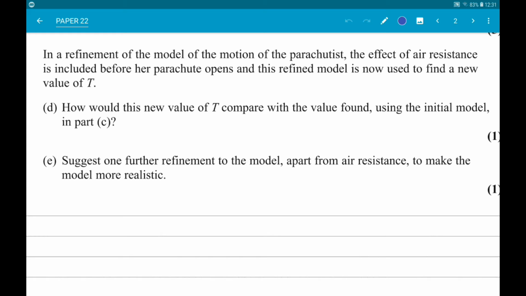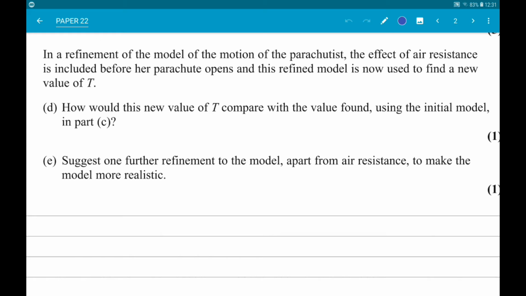And the final part wants us to suggest one more refinement to the model. So there's quite a few things we could say. It's highly unlikely she's going to be falling exactly vertically. There will be some sort of horizontal motion too because of wind.